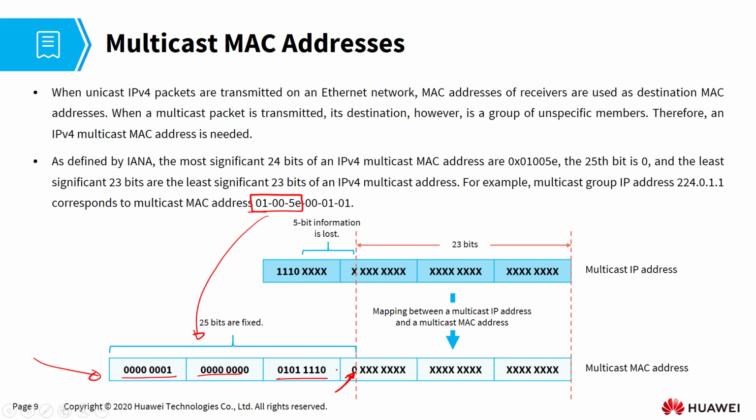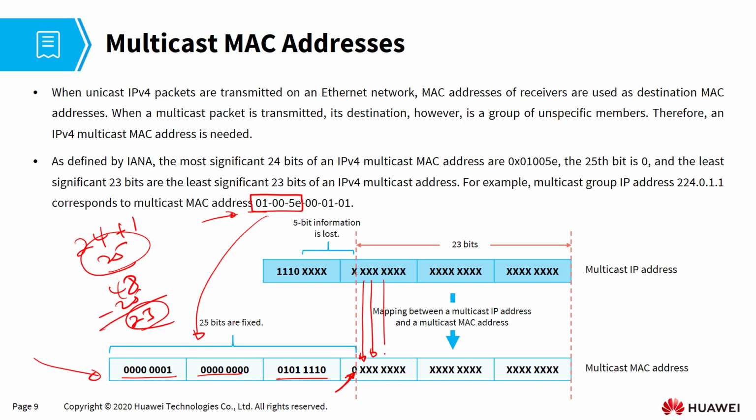And then the last 23: we have 24 corresponding to that, and then the next one is 0, that is 25. What are we left with to get 48? 48 minus 25, we are left with 23. Now we are saying these 23 are mapped from the multicast IP address. Direct mapping. And then we have a complete multicast MAC address.